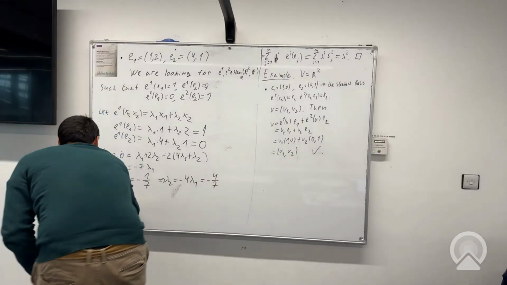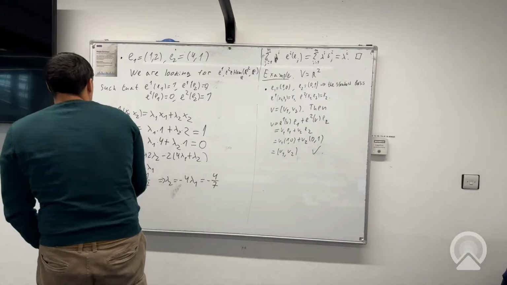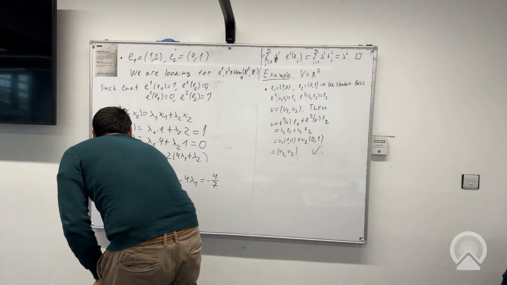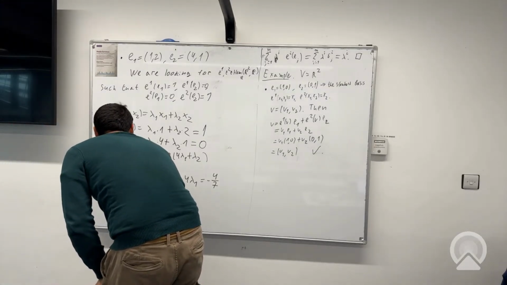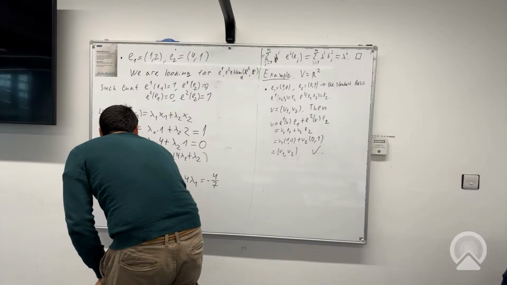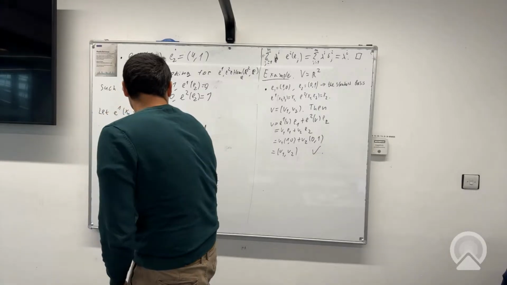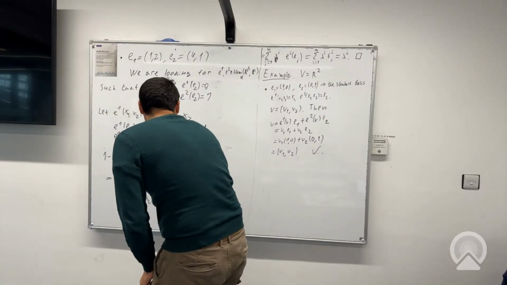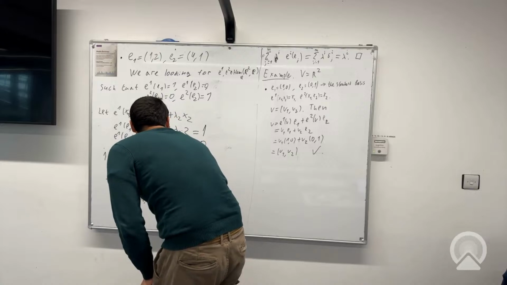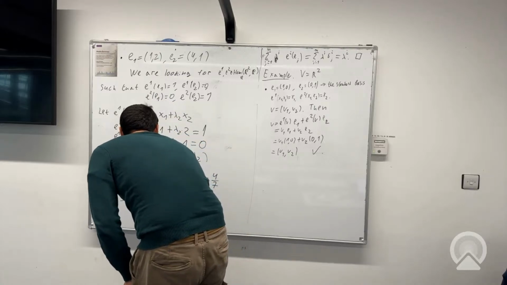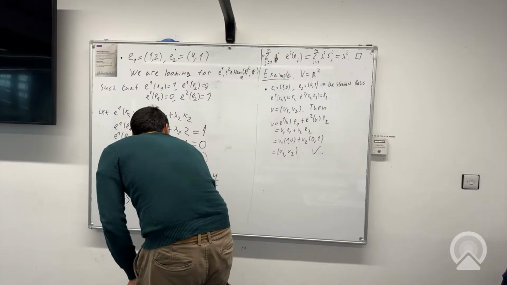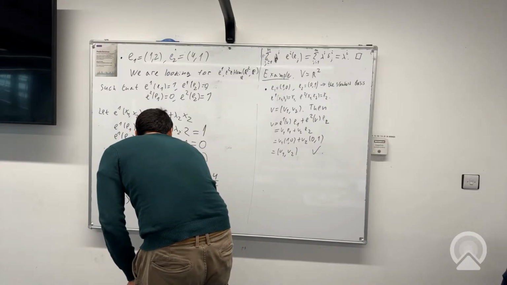And so e^1(x1, x2) equals minus 1/7 of x1 plus 4/7 of x2.